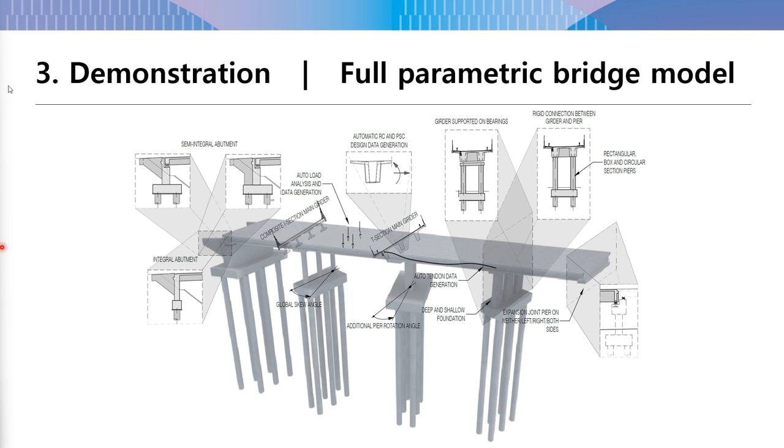The next important feature of this parametric bridge model is that it automatically performs load analysis and generates all of the load data and information regarding bridge design. For example, it automatically generates dead load, superimposed dead load, temperature load cases, wind loading, as well as it performs a detailed traffic load analysis, and it automatically generates all of the moving load cases.